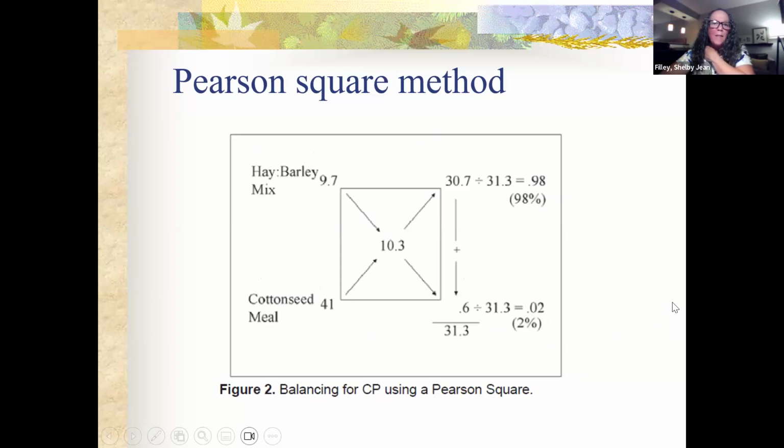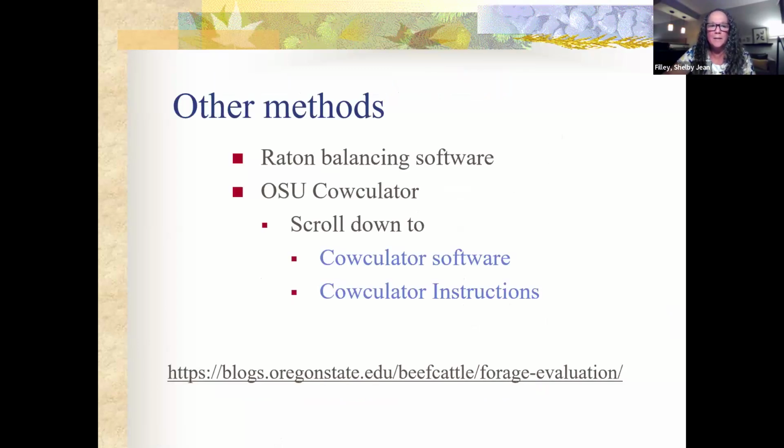So the beef nutrition workbook has this Pearson square method described probably a lot, well, I know a lot better than I just did, and it's there for you to see, so you can look at that pretty well. So what other methods can we use if we don't want to use the Pearson square? Ration balancing software, of course.